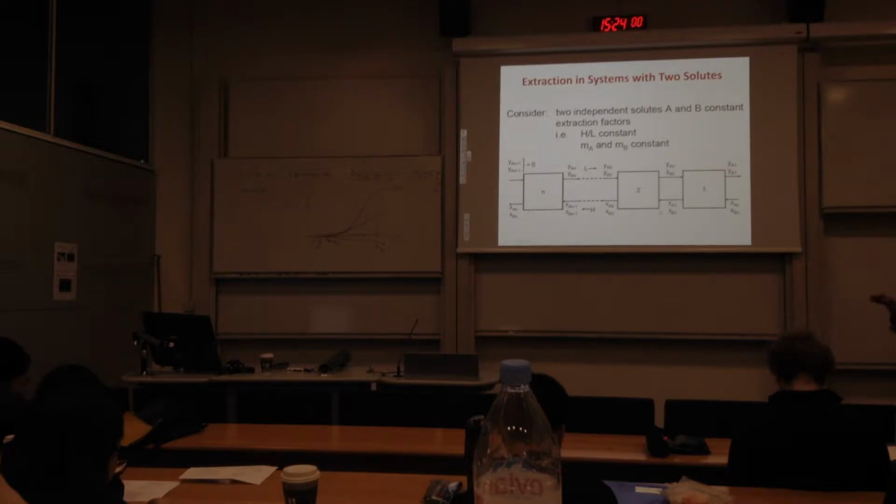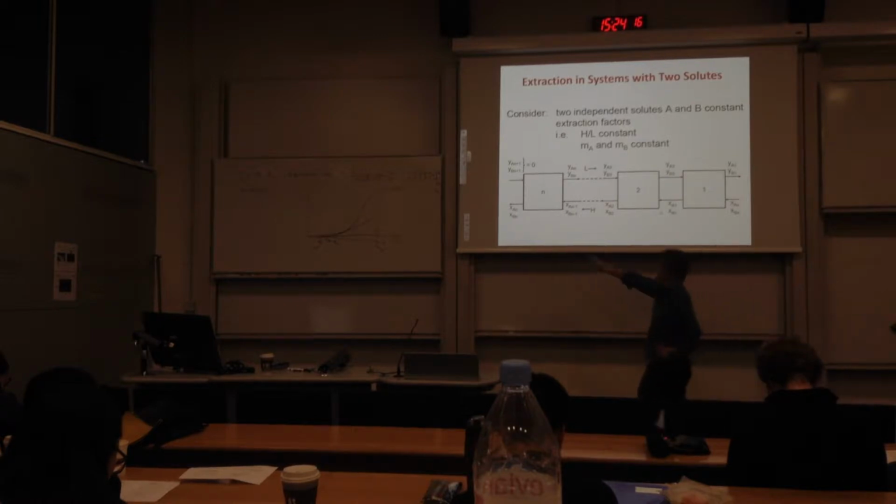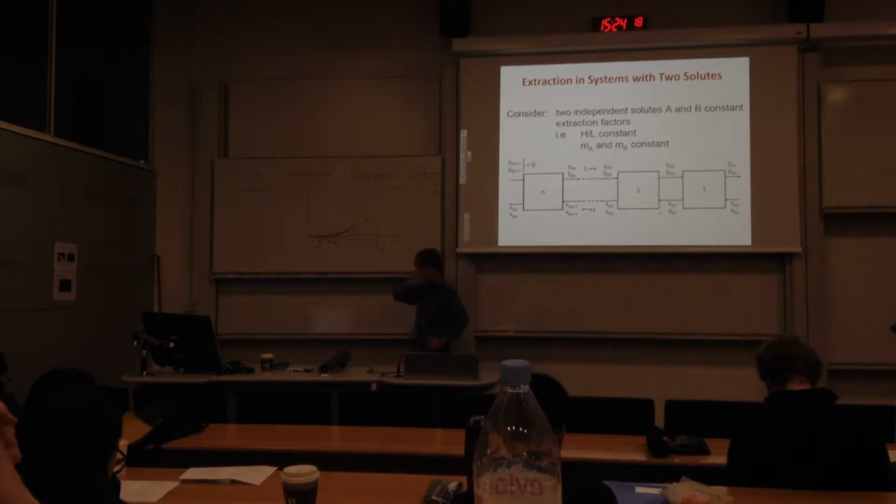YB1 you want to keep low. So you want to extract A without extracting B, basically. So this has to be low, again, because all the B will be there. And you want to extract all the A here and have little A left at this exit. Okay, does that make sense?